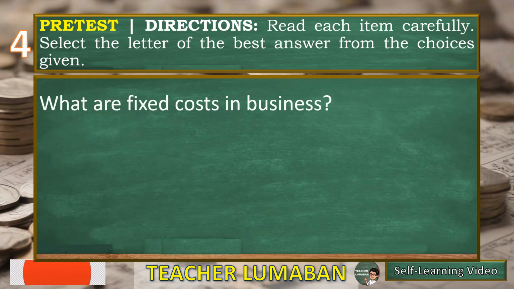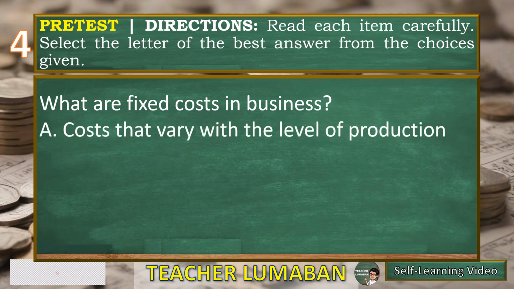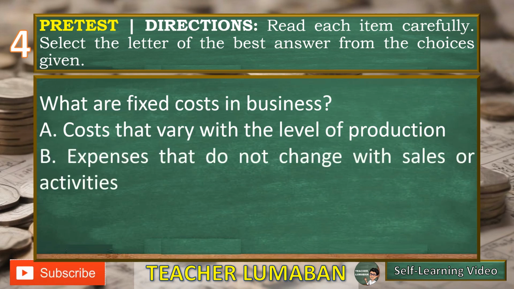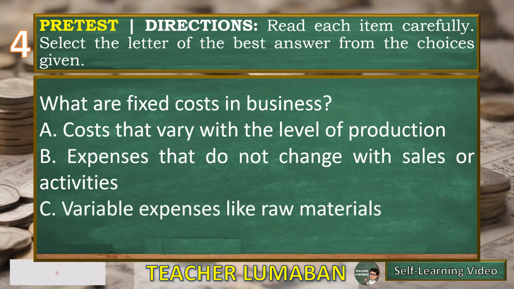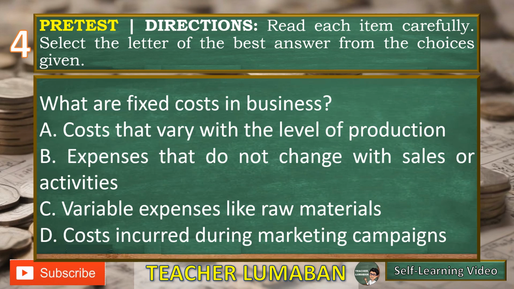What are fixed costs in business? A. Costs that vary with the level of production. B. Expenses that do not change with sales or activities. C. Variable expenses like raw materials. D. Costs incurred during marketing campaigns.